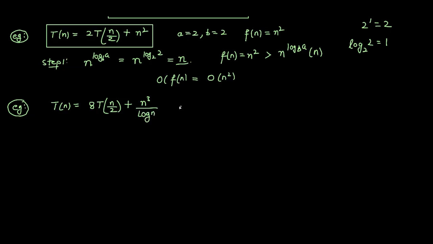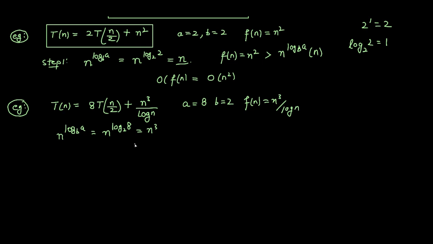So now you can see that if we compare this equation with equation number 1, we get a equals 8, b equals 2, and the function is basically n³ upon log n. So now we are going to find the value of n raised to the power log base b of a, which is n raised to log base 2 of 8. So it gives us the value of n³.